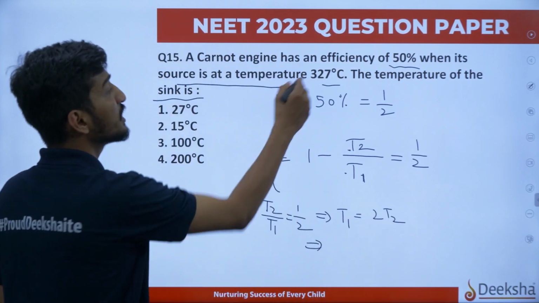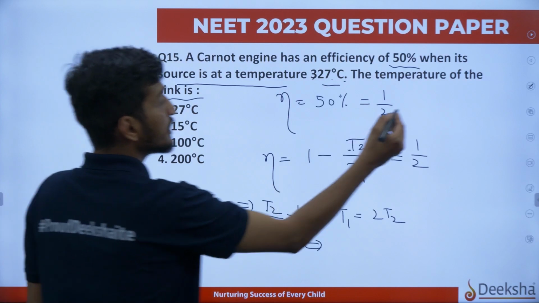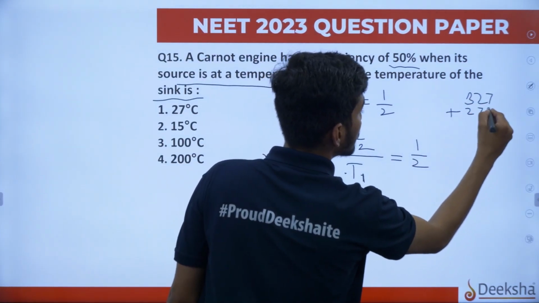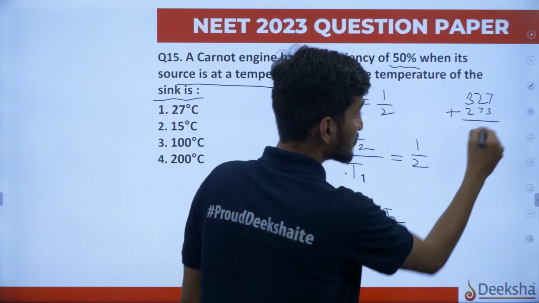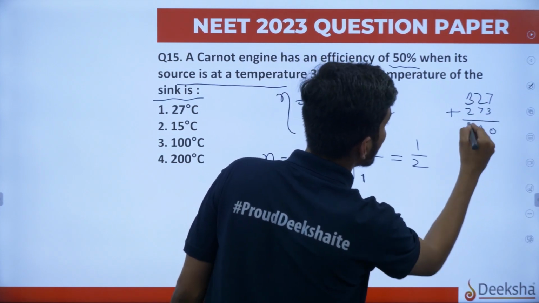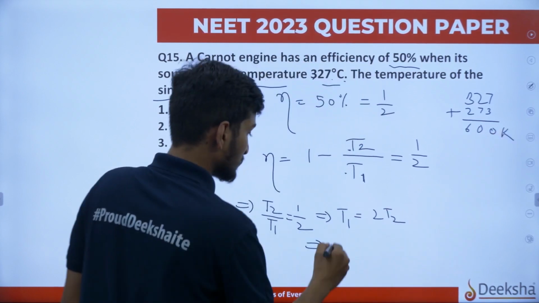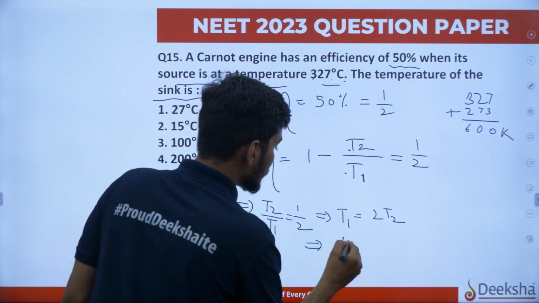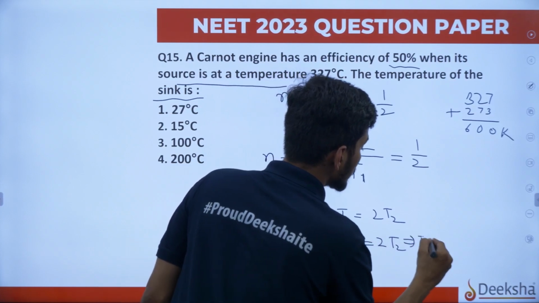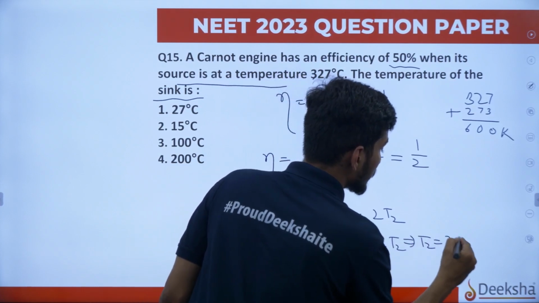How much is T1 then? 327 degrees Celsius. 327 plus 273, that will be in Kelvin. 7 plus 3, 0 carries over 1, 0 carries over 1, 600 Kelvin. So I get 600 should be equal to 2 times T2. Basically, T2 comes out to be 300 Kelvin.